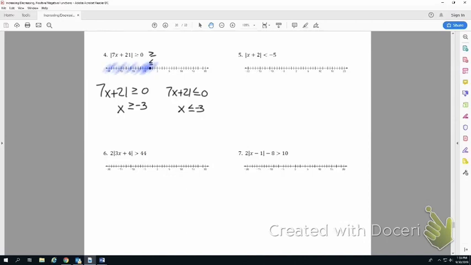You end up shading the whole thing. This is one of the ones that if we were to draw the absolute value, you're looking at something like that. You go both sides of the inequality that it asked for. You wouldn't just do the one only. No, ma'am. If it was equal to like the warm up, yes, you would.